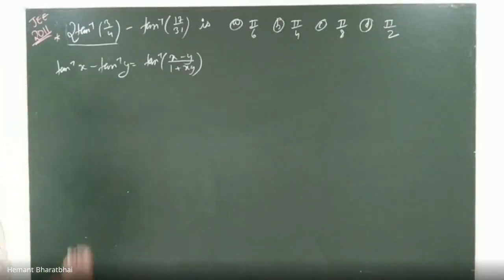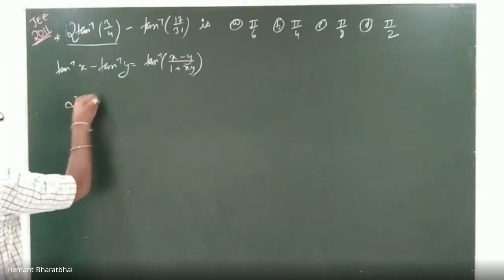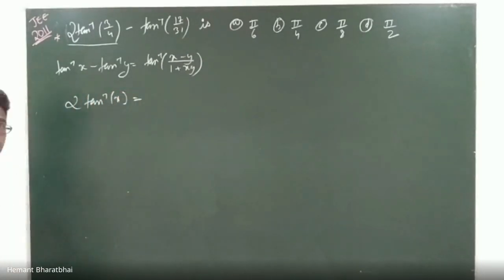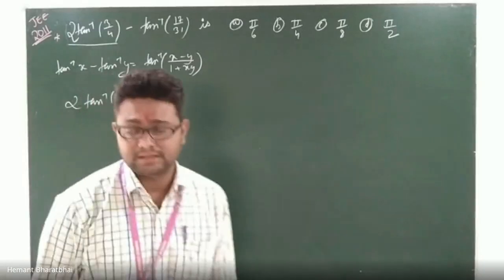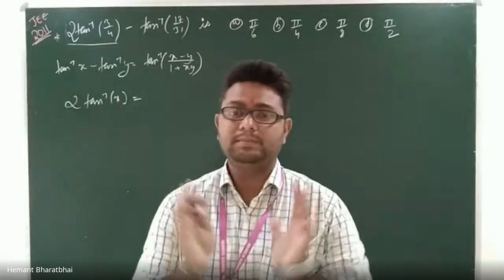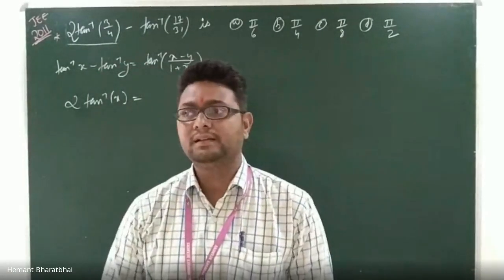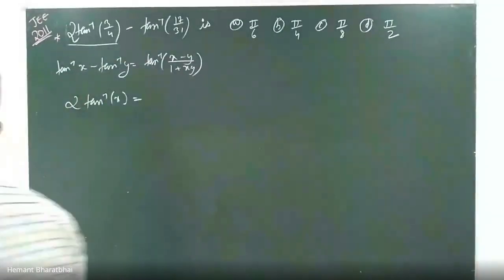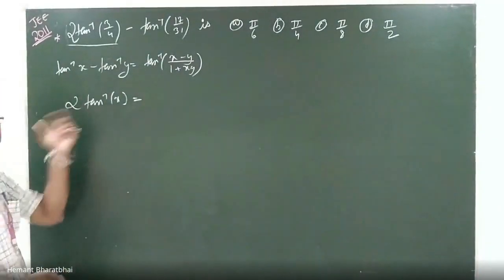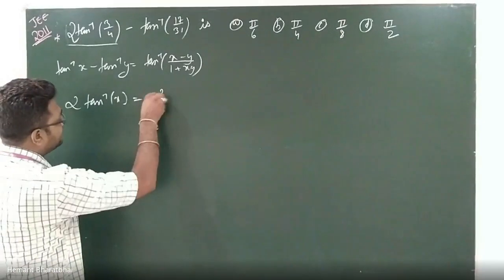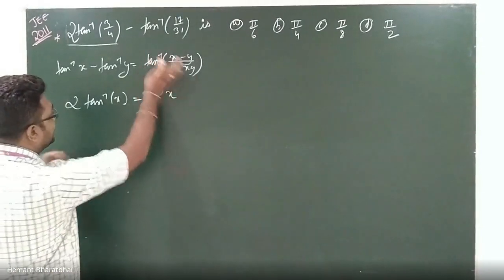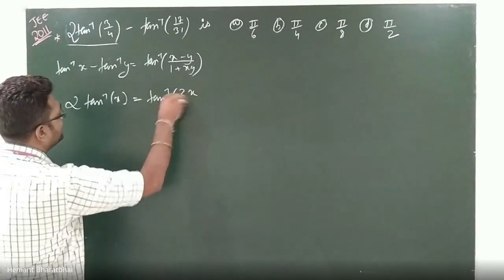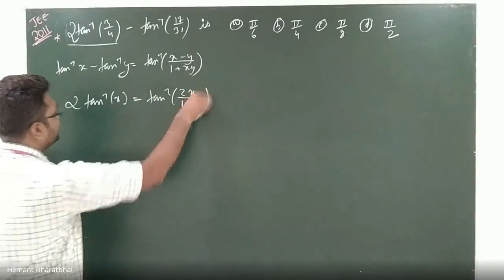Instead, if you remember, I had given a formula for 2 tan inverse of x. And if you remember, I said, remember the formula of tan 2x, that is 2 tan x upon 1 minus tan square x. So similarly, 2 tan inverse of x can be written as tan inverse of 2x upon 1 minus x square.